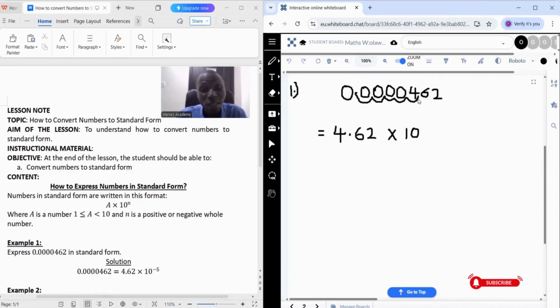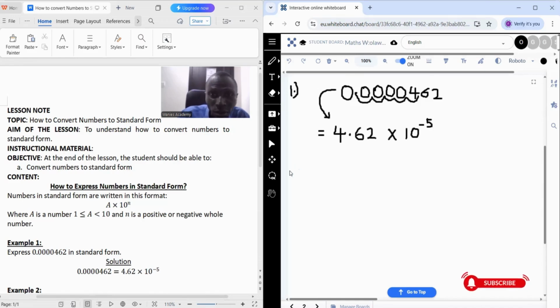But is it going to be a positive 5 or a negative 5? We just have to compare the original number with the first number. If the original number is less than the first number, then we're going to have a negative power. So what we have here will be minus 5. Expressing this in standard form, we have 4.62 times 10 raised to the power minus 5.